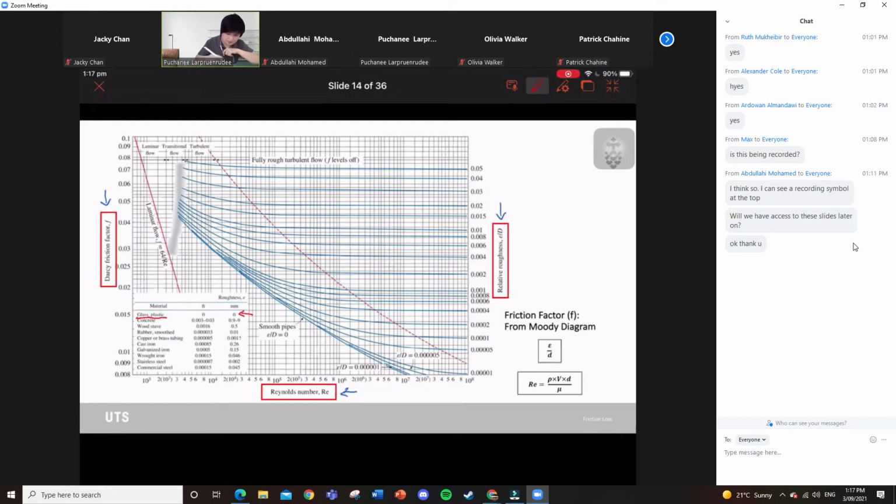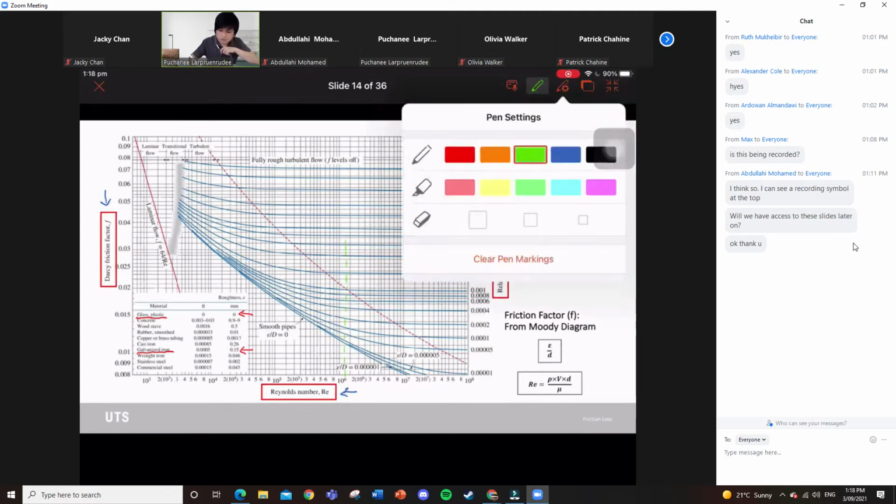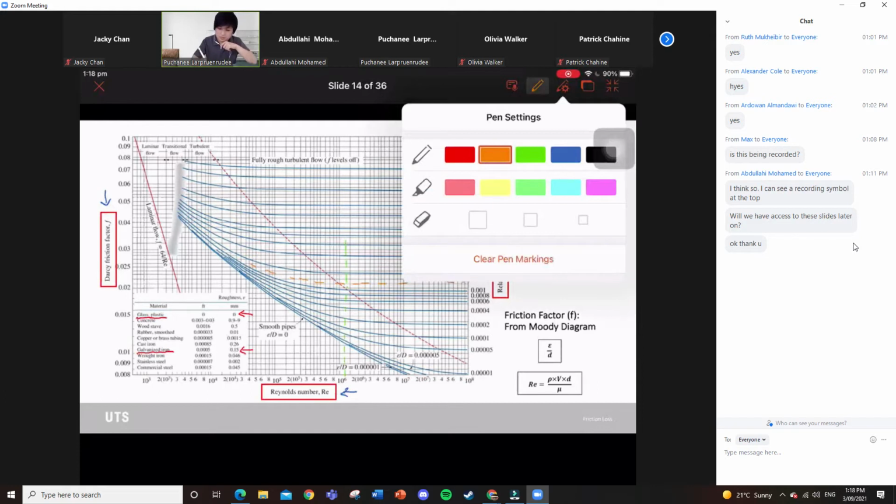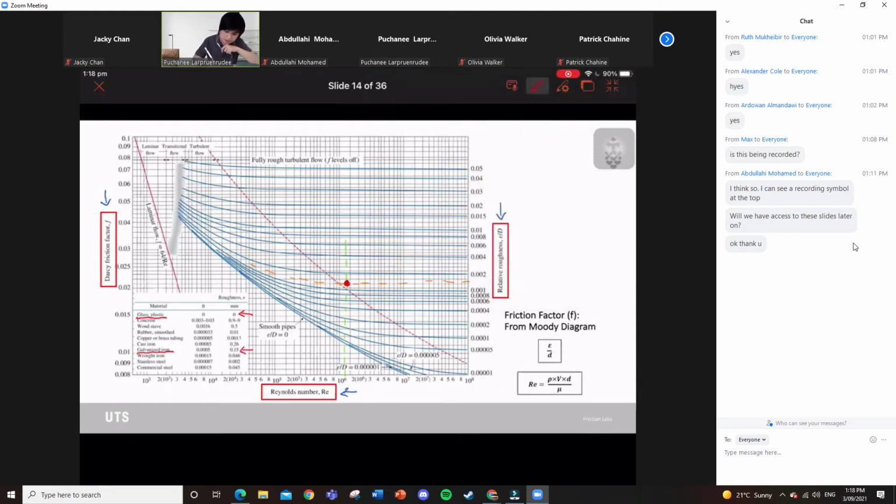And for the galvanized iron here, you will have the roughness 0.15 millimeter. So for example, if we get the Reynolds number around here, and we get the relative roughness around here, this is the intersection point, and you have to draw it in a horizontal line.